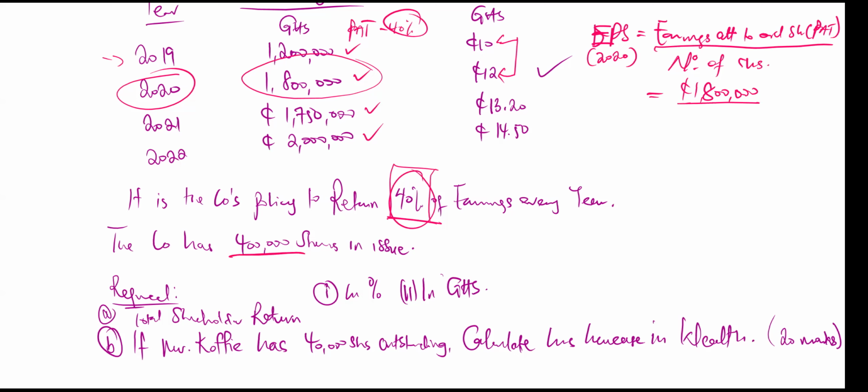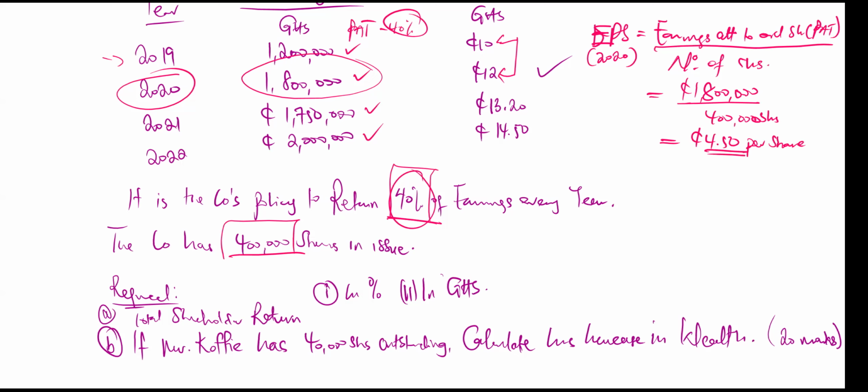The company has 400,000 shares in issue. We divide this by the 400,000 shares. What do we have for the earnings for every share? 4.5. 4 cedis, 50 pesewas. So the earnings per share is 4 cedis, 50 pesewas per share, right?